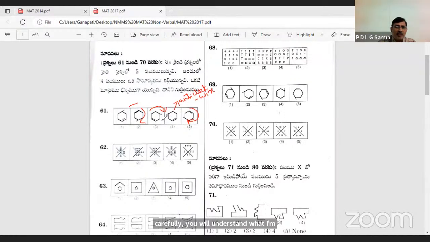All the other figures are clockwise except the fourth one where it is in anti-clockwise direction. This line segment which you are talking about, this line segment is in anti-clockwise direction. So 4 is the answer for this. Yes, Bharat, it is 4. 4 is correct.